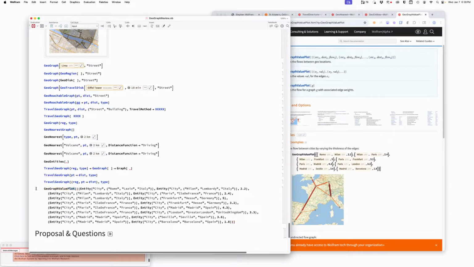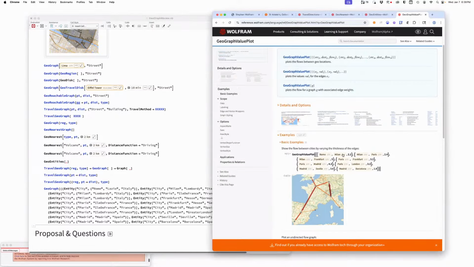I can just say GeoGraph of that, and I will get a GeoGraph. No funny business, see what I'm saying? You get a disembodied GeoGraph, but with edge weights. Does that make sense? Yes, but something needs to know whether the edges are geodesics or travel roads.